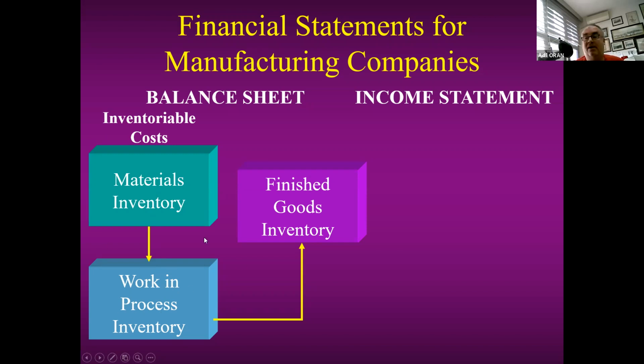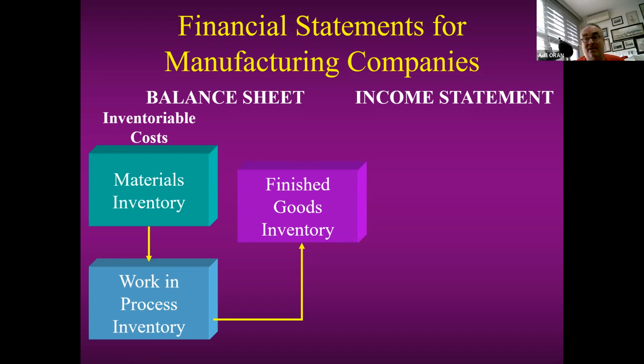And this is where the actual transformation of those raw materials and parts is being done. And then as they are completed, they leave the work in process account and they move into the finished goods inventory. And this basically means that they are ready to sell.